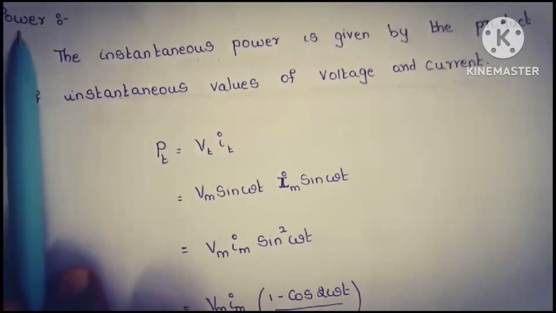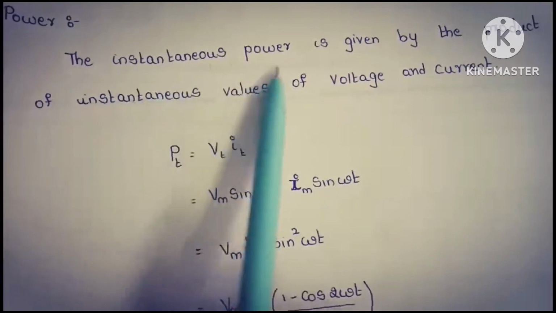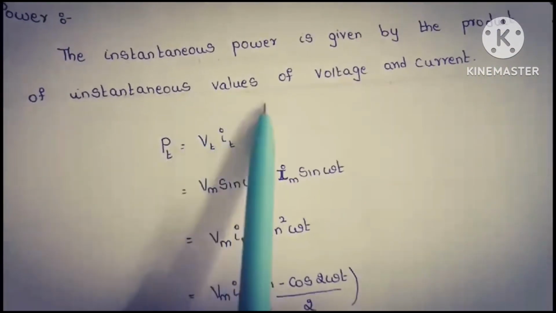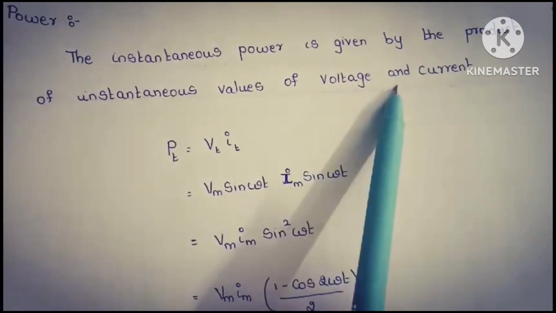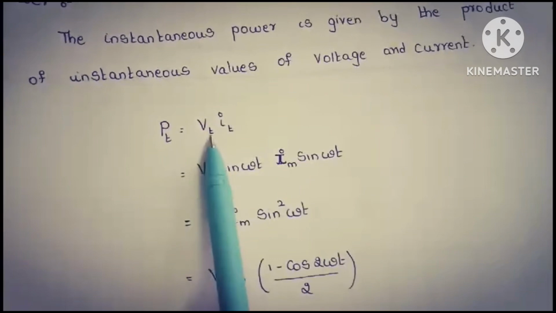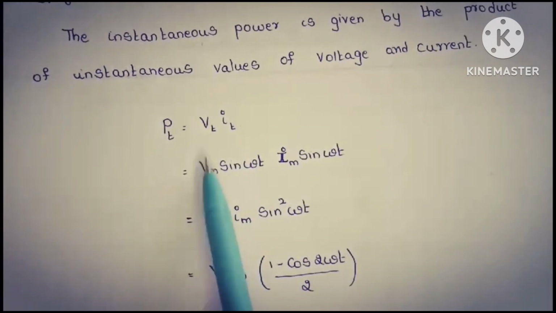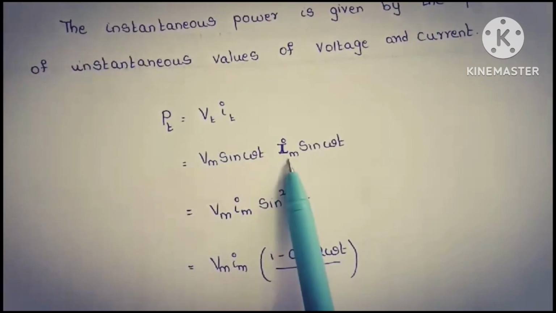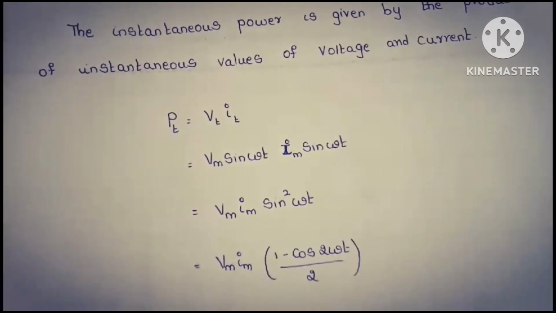If we want to calculate the value of power, the instantaneous power is given by the product of instantaneous values of voltage and current. Therefore, Pt is equal to Vt into It, where Vt is equal to Vm sin omega t and It is equal to Im sin omega t.